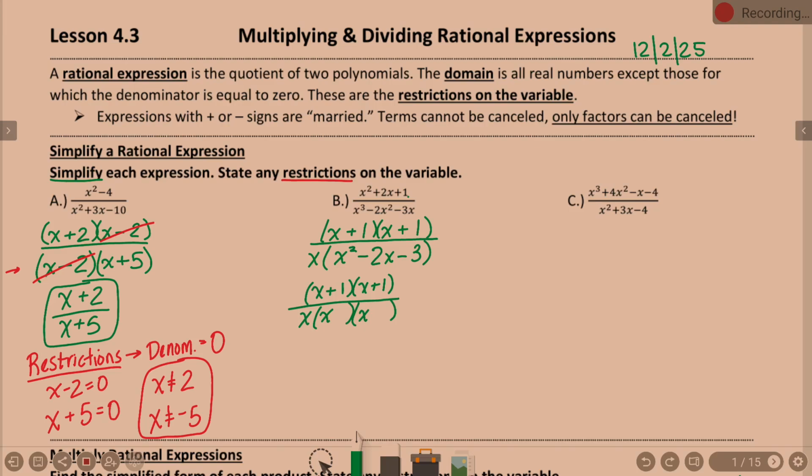Two numbers that multiply to be 3. What's my only options for multiplying to be 3? 1 and 3. Now, if it multiplies to be negative 3, one of each, a positive and a negative. If it adds to be negative 2, how are we going to make this work? Okay. Plus 1 minus 3.